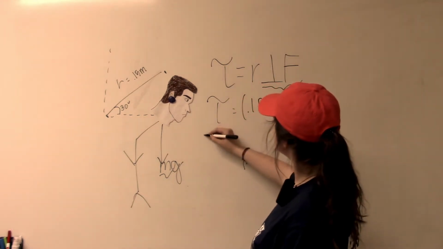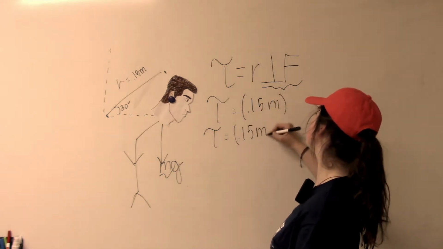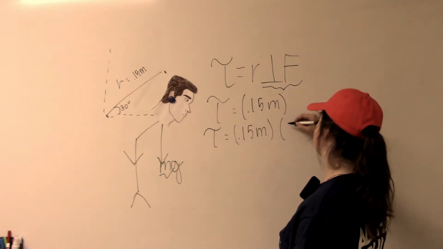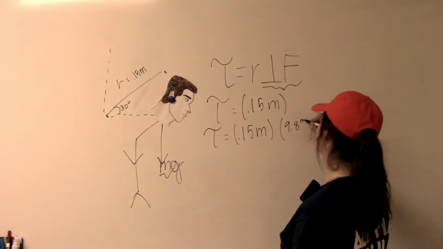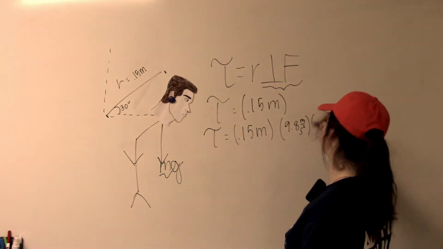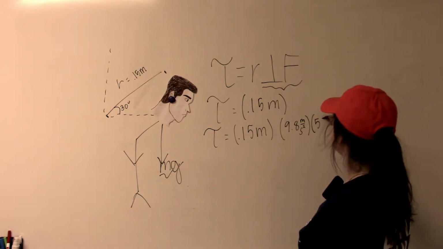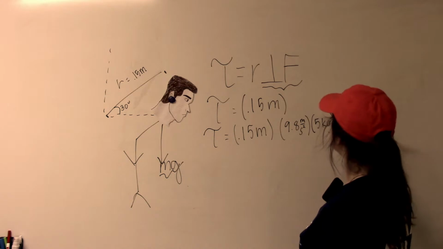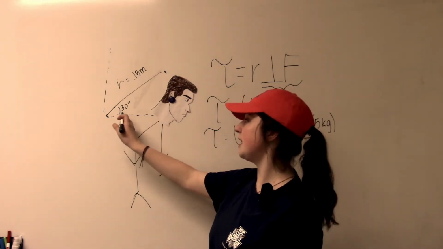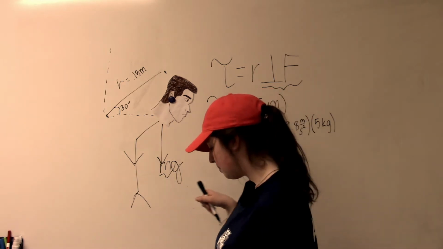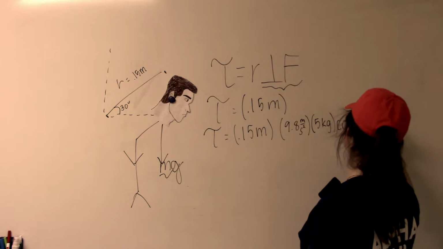So torque is equal to our R value of 0.15 meters times mg, which would be 9.8 meters per second squared, times our mass, which we're going to say is around 5 kilograms, times, this is where our theta comes in right here. So we want to multiply this by the cosine of 60.